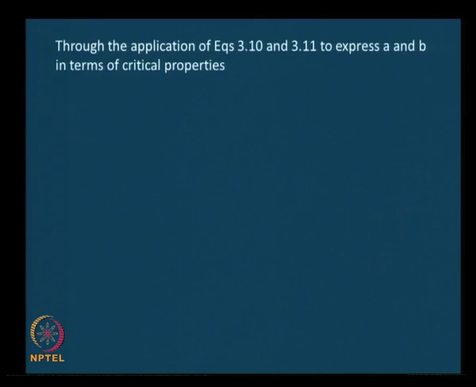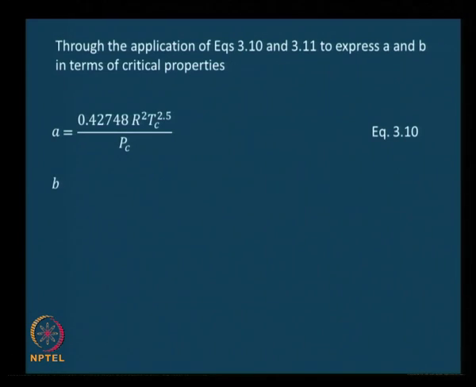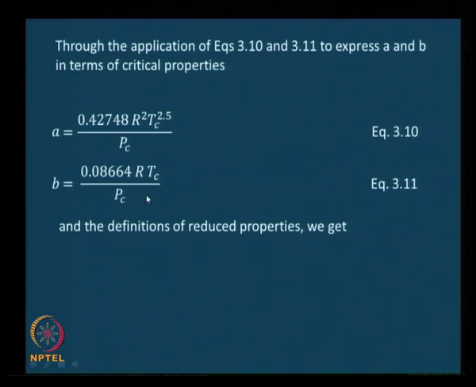We have already seen that A and B can be expressed in terms of critical properties, equations 310 and 311, and this TC can be written in terms of the reduced properties. TR is nothing but T by TC, therefore TC is nothing but T by TR.